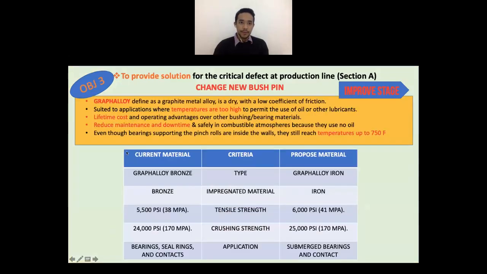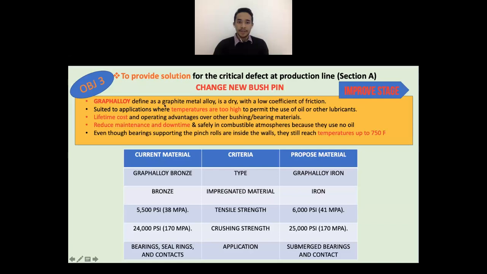Okay, so for the objective 3, to provide solution for the critical defect. So since I have two solutions, this is the first one, change new bush pin. And I also want to mention I already moved to improve stage. So I choose graph alloy.